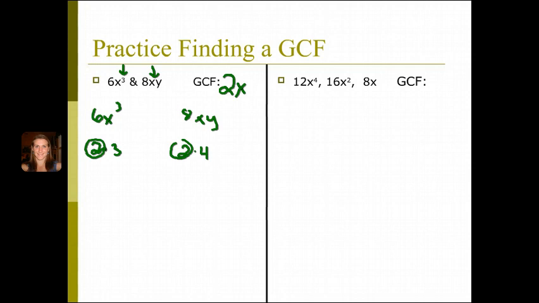In our next example, we're comparing 12x to the fourth, 16x squared, and 8x. Our factors of 12 would be 1 and 12, 2 times 6, and 3 times 4.